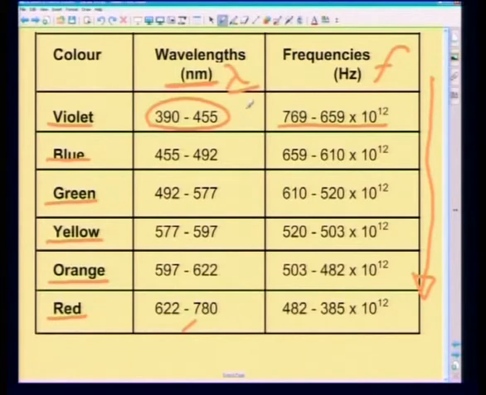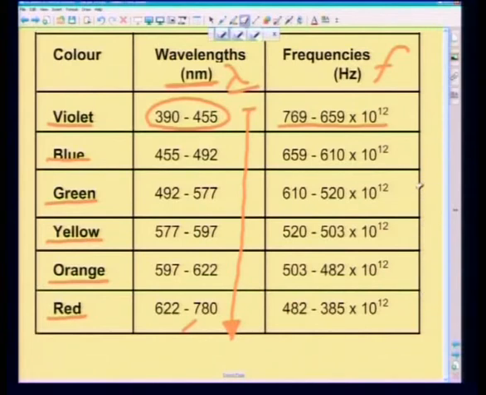Need to get this arrow properly here. So wavelength increases as you go down, from violet to red, and the frequency, as we know, if the wavelength is increasing as you go down, the frequency should be increasing as you go up, because the two are inversely proportional to each other.